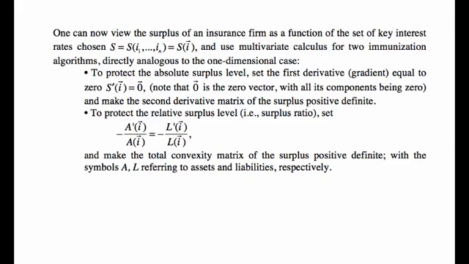To protect the relative surplus level, the surplus ratio, you set the total duration vectors of assets and liabilities equal, and make the total convexity matrix of the surplus positive definite. It's basically the generalization. It has its problems, as I mentioned before, but it's a generalized strategy of immunization.